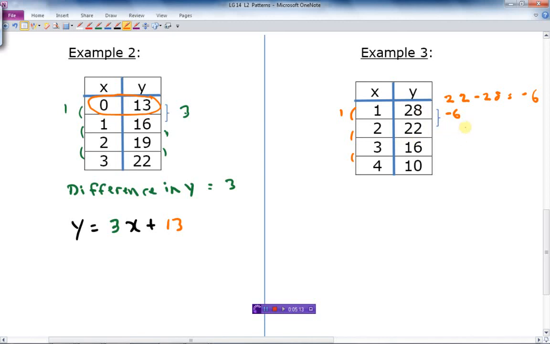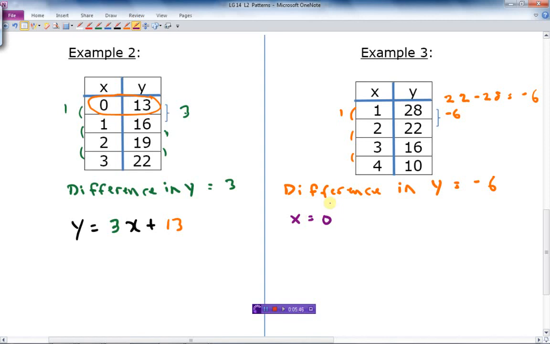Okay, so the difference in y is negative 6. That's going in groups of negative 6. Now it's going down. Now what about the 0 value? When x is 0, what will y be? Will y be smaller or bigger?